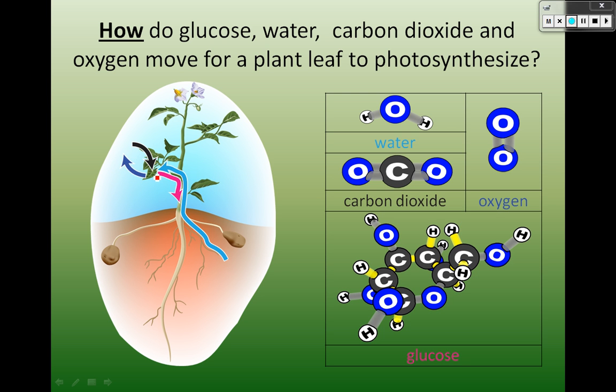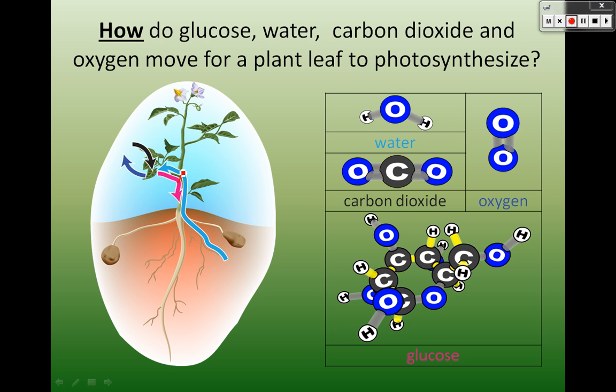And then we've got glucose coming out of the reaction and traveling in the same way water travels through the veins and fibers of a plant. The glucose also travels through the veins and fibers of a plant and may travel down towards the roots. If this is a potato plant, for example, go towards making potatoes.